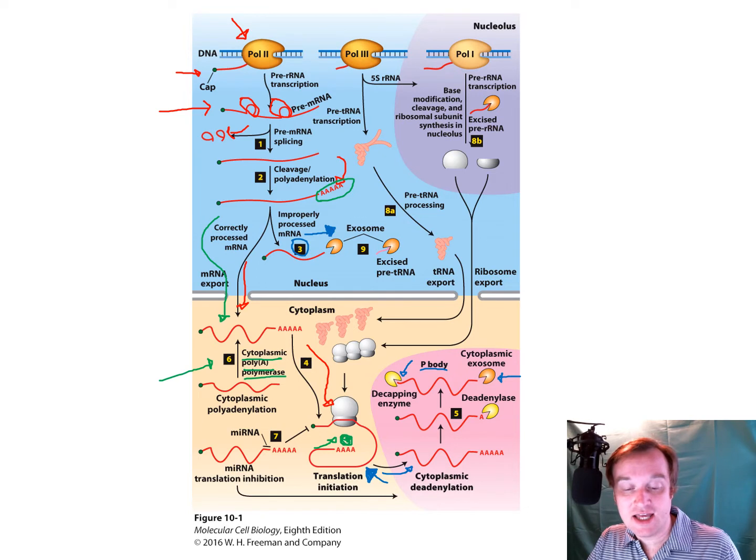And so if that poly A tail is missing, then we don't have that protein being translated. So this is another way that regulation can occur.